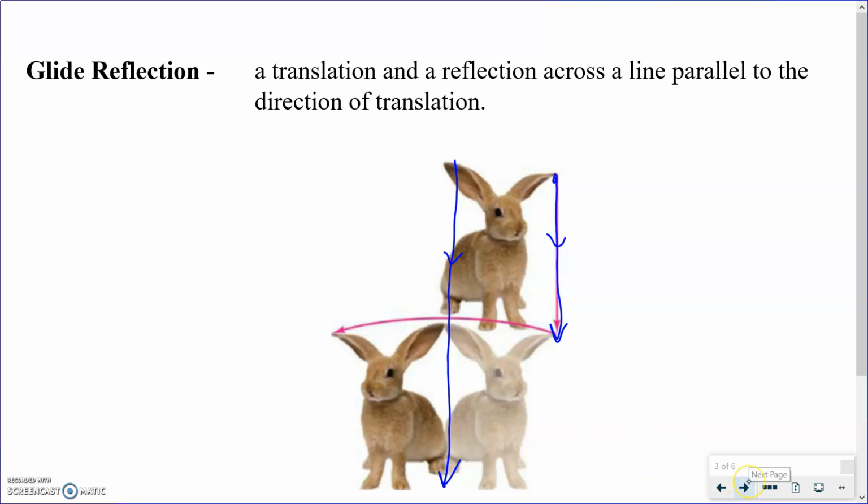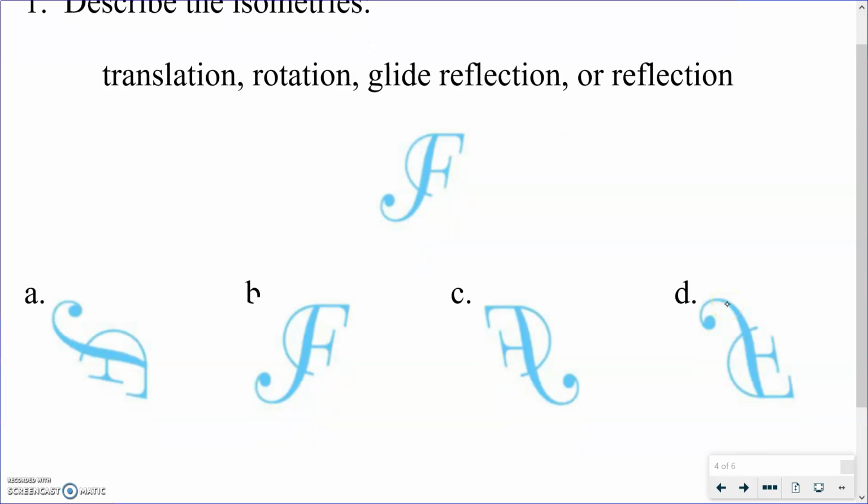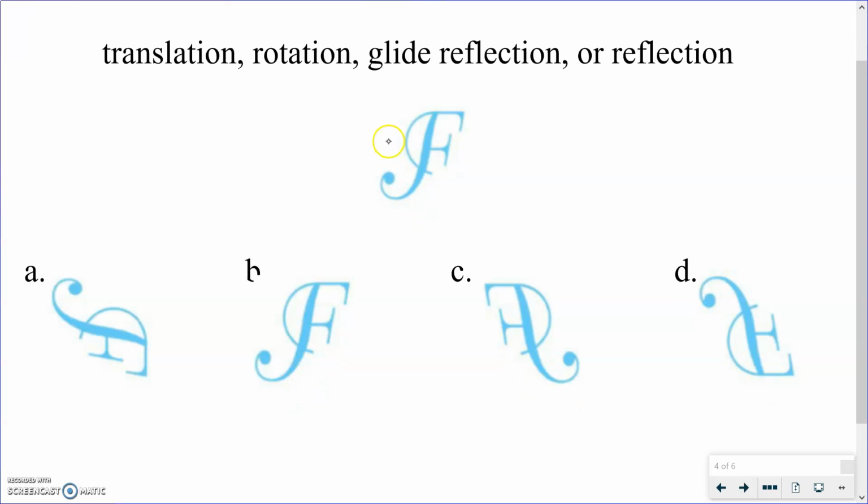Okay, so try to take a look at these and describe the isometries, again, which just means they're congruent to the original. And so we're looking at this original one to start each time. And there's translation, rotation, glide reflection, or just a reflection.